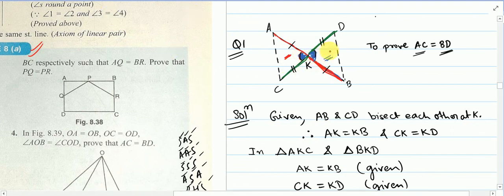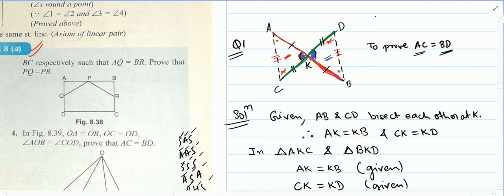So once you show that 2 triangles are congruent, then the corresponding parts, sides and angles, are going to be equal.